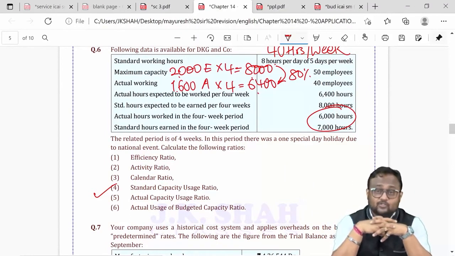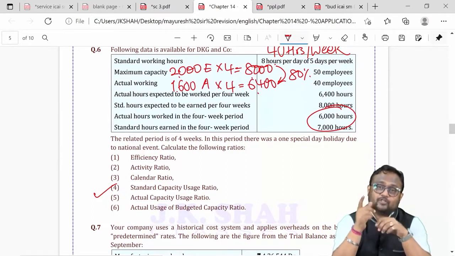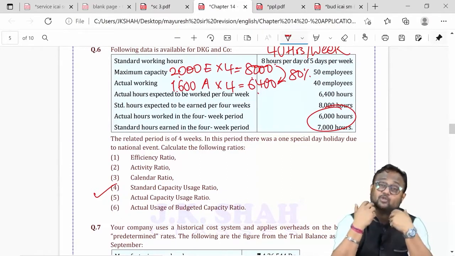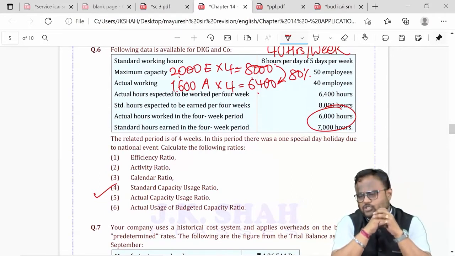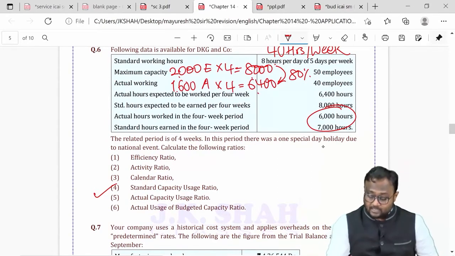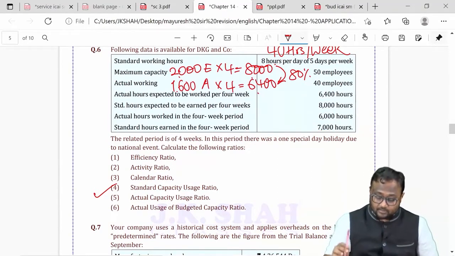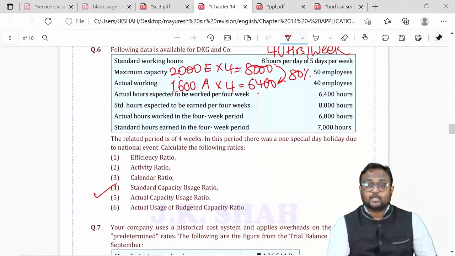When the ratio is more than 100, it is considered to be good. That means the numerator must be greater than the denominator. In that case, standard hours must be the numerator, actual hours must be the denominator, and the formula is standard hours upon actual hours into 100.